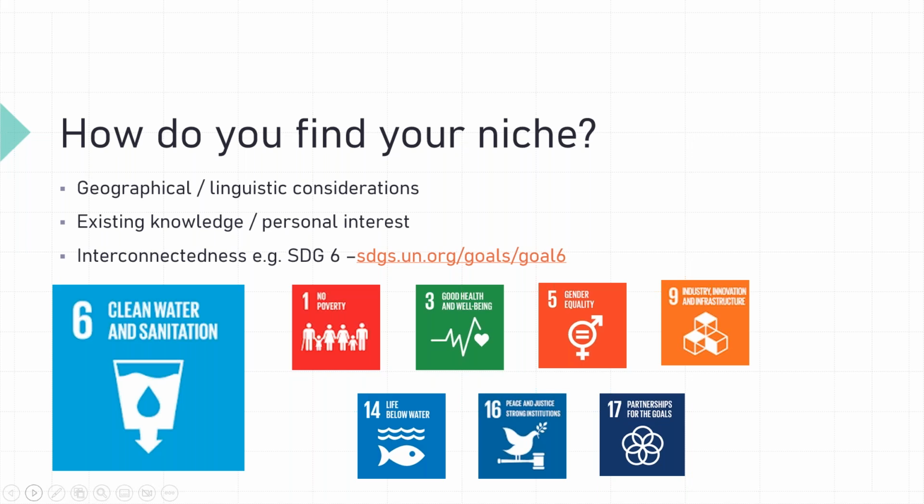I think if you're at the very beginning of this journey, a suggested starting point would be to take one of the Sustainable Development Goals, and I've just picked an example slightly at random here, SDG 6, which is all about clean water and sanitation, and it's quite easy to see the interconnectedness of that.